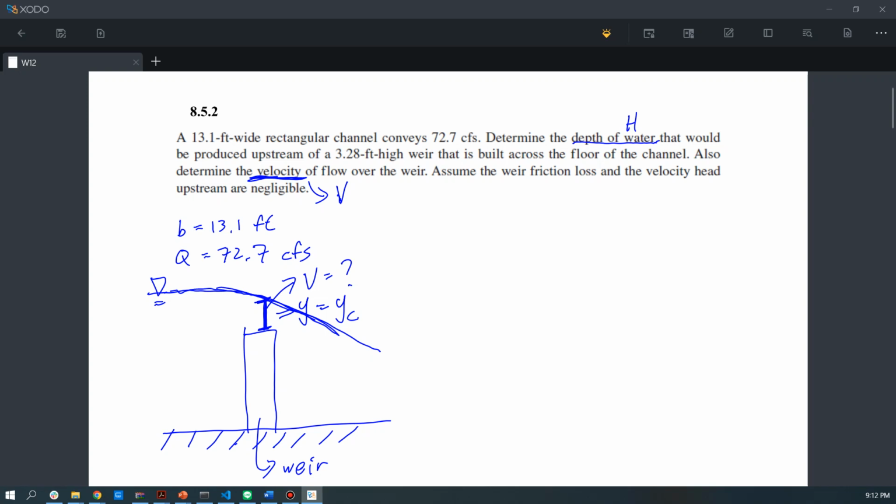So that's why we have y equal to yc. So we can simply apply the equation to calculate the critical depth for this rectangular channel. The formula you can find in the textbook, equation 6.14, which I write out for you. It looks like this.